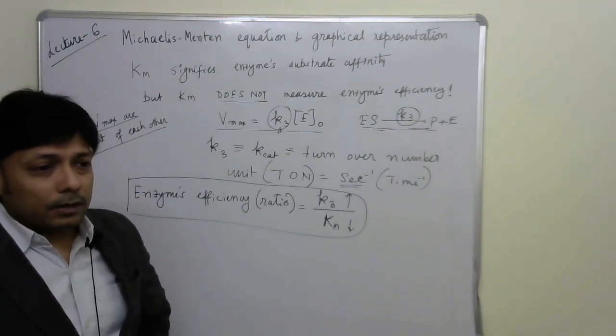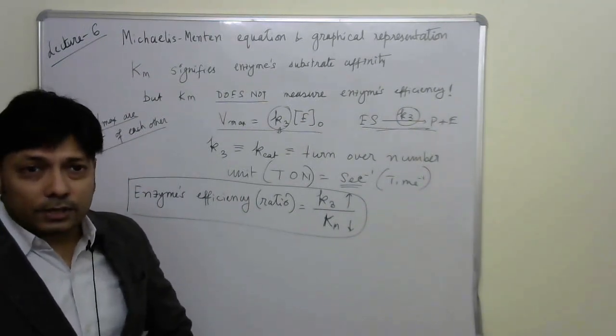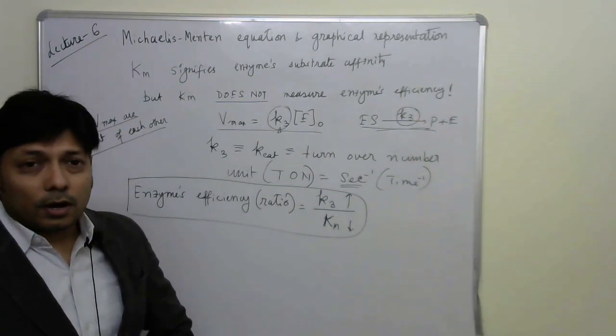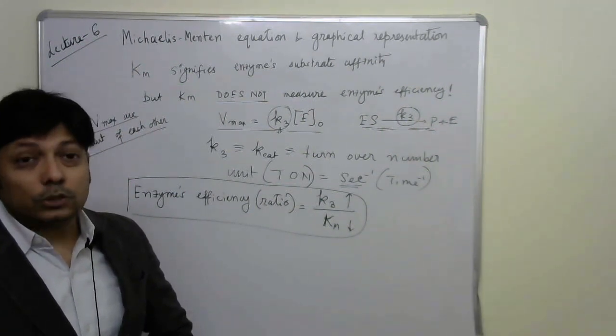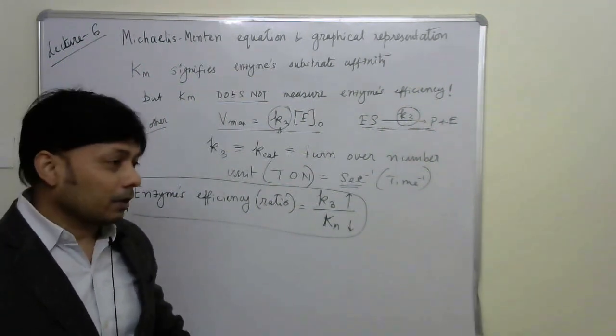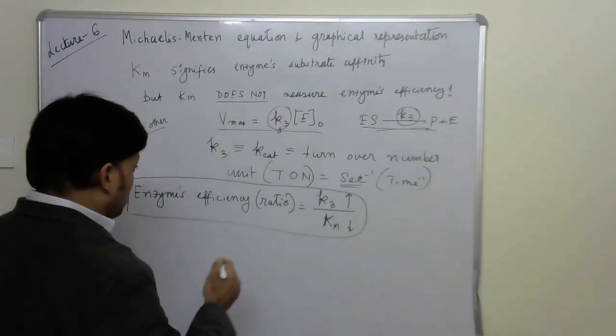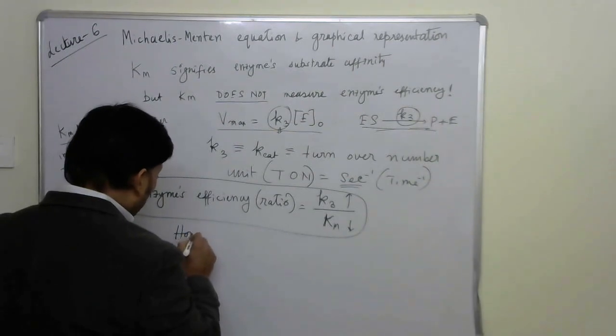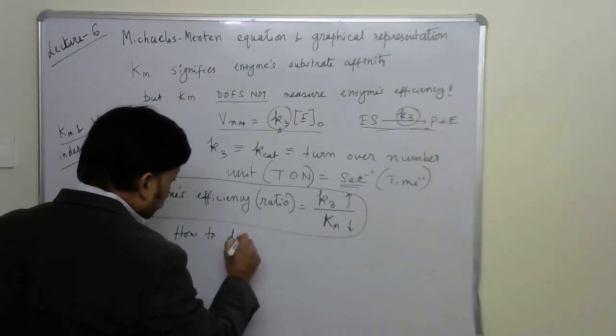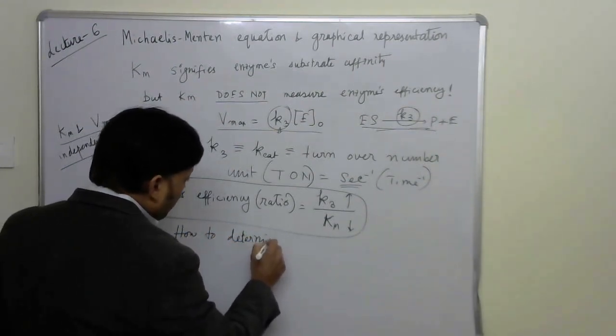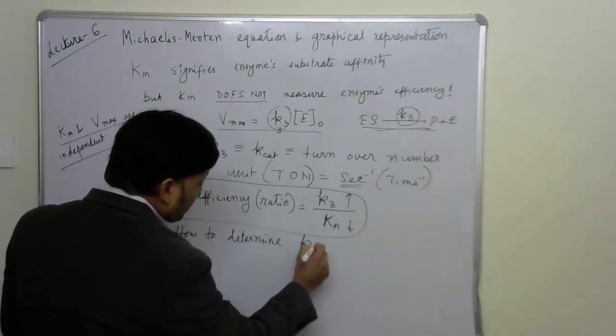For example, there is an enzyme called carbonic anhydrase which has a turnover number close to 10 to the power 5. The next question is how to determine this turnover number, or in other words, how to determine K3.